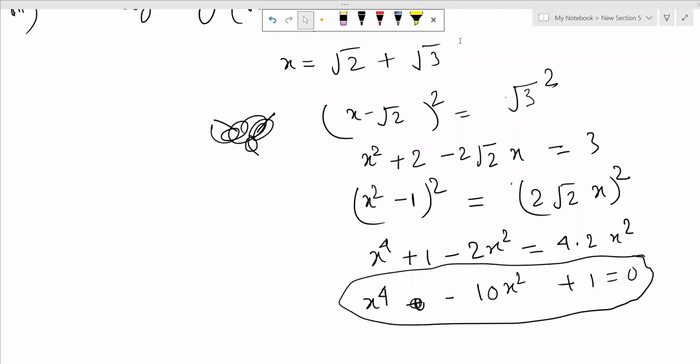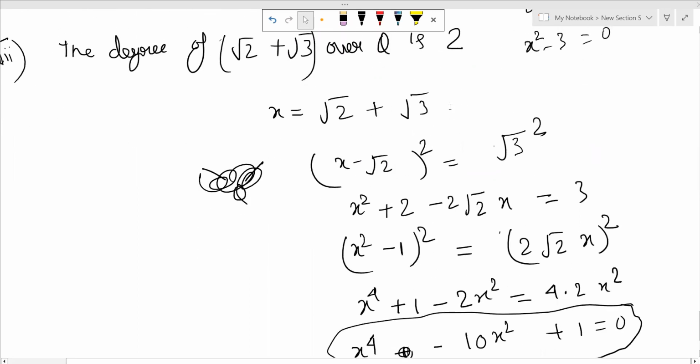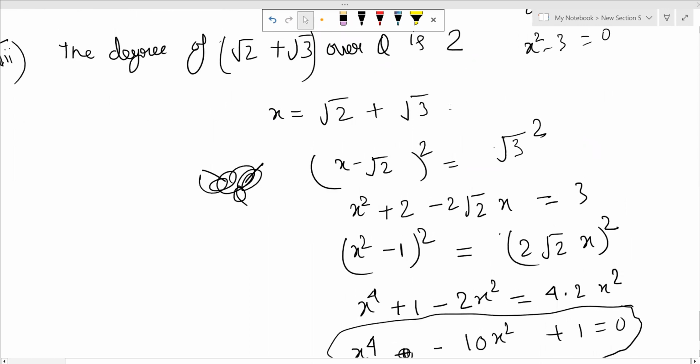I many times use this Eisenstein criterion. I already used it in the previous class, right? Did you attend my previous sessions? I have already done these examples. I guess I already did this, root 2 plus root 3. This is a degree 4 extension over Q.